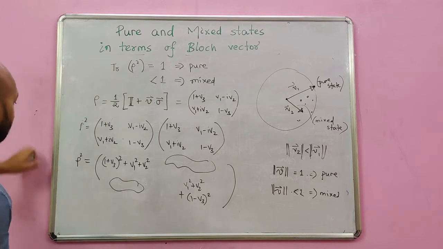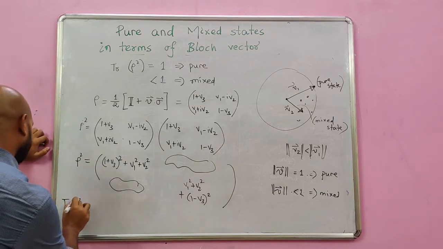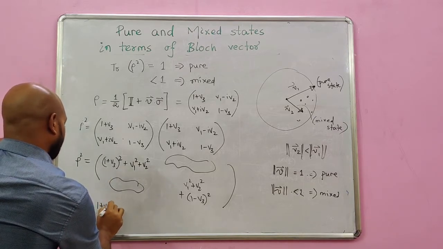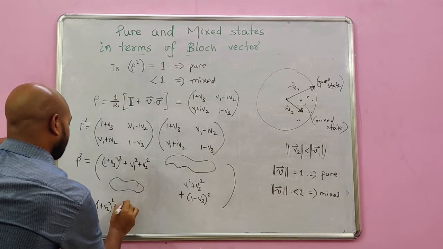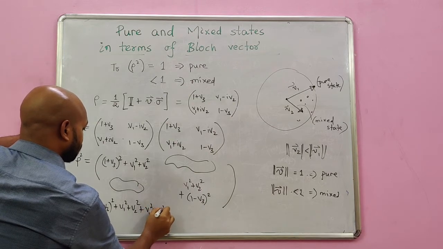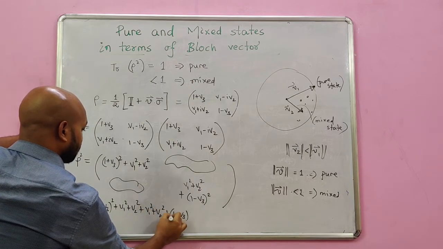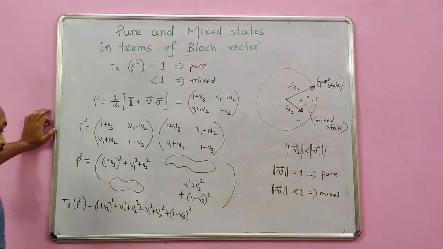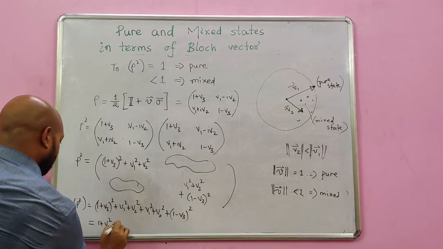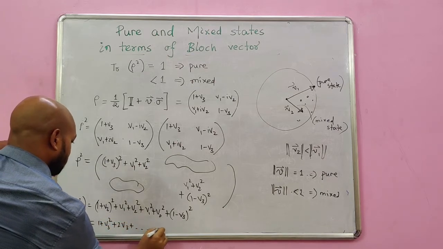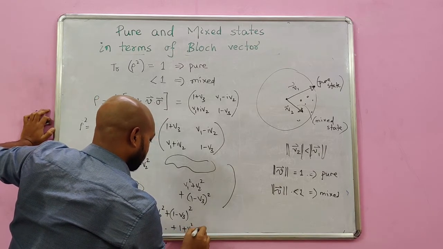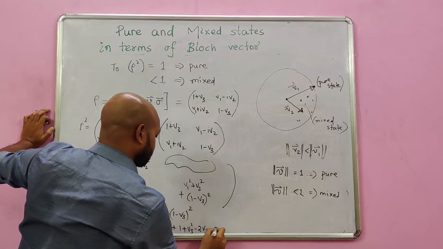Then the trace of rho square becomes 1 plus V3 square, plus V1 square plus V2 square, plus V1 square plus V2 square, plus 1 minus V3 square. This then equals 1 plus V3 square plus 2V3, then 1 plus V3 square minus 2V3.